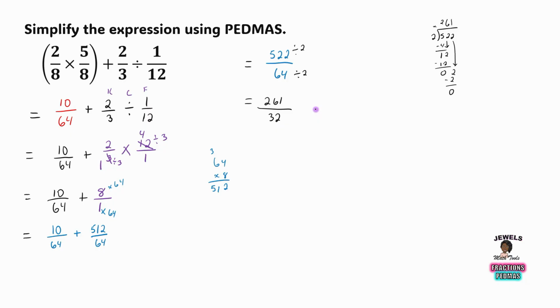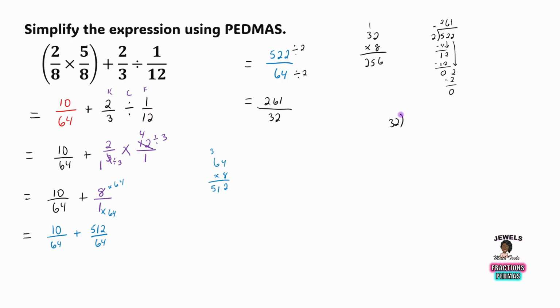Now, of course, at this point, if you're unable to find any other common factors that you can divide these numbers by, that's completely fine, but we're now going to have to change our fraction into its mixed fraction form. With my 261, I know that in multiplying 32 times 8, 32 times 8 will give me 256, and that is probably the closest that I'm going to get to 261.